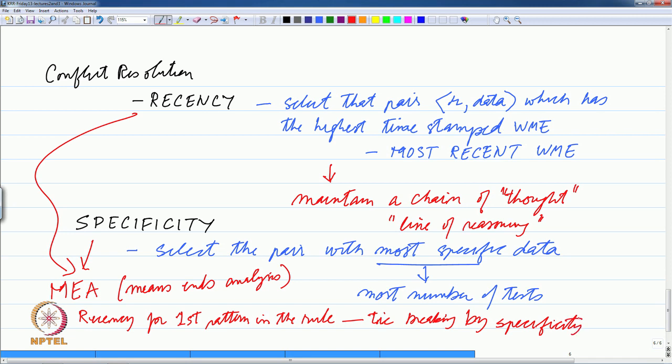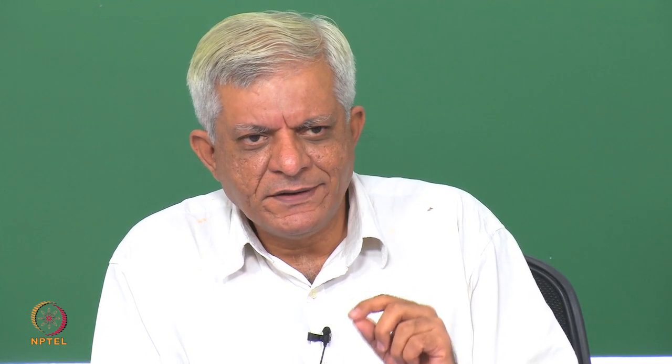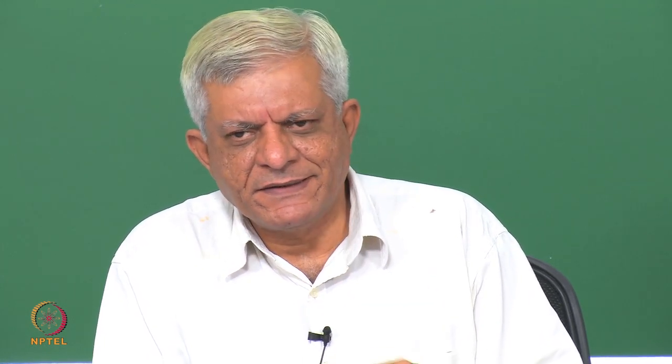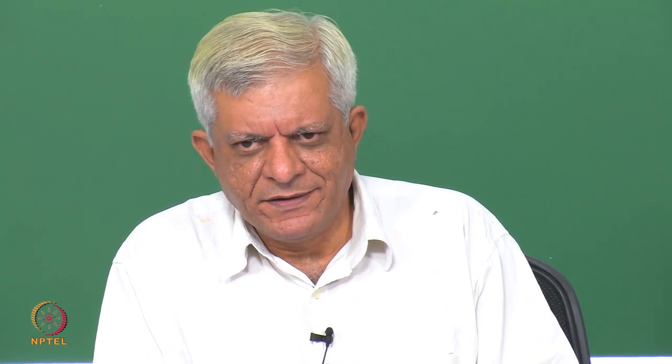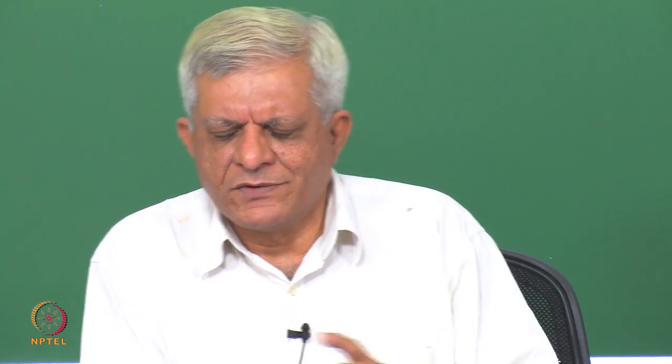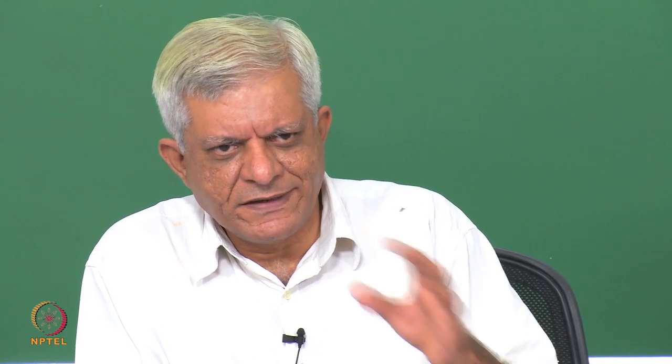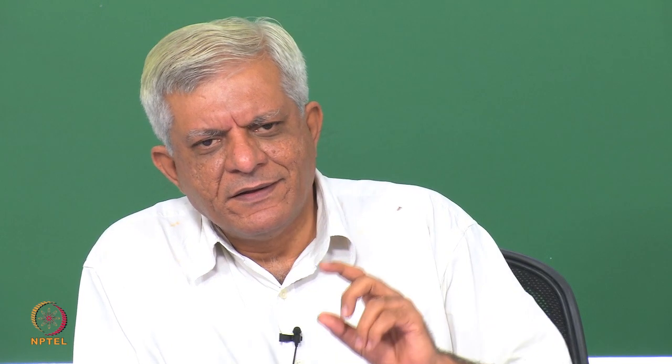So, what is this strategy saying? This strategy is saying that okay, you have got a set of rules with matching data, pick those rules whose first pattern matches the most recent data essentially. So, if you go back to this idea of context that we talked about when we were talking about XCon, you set the context, you are building the foundation, then you are filling the walls and so on.